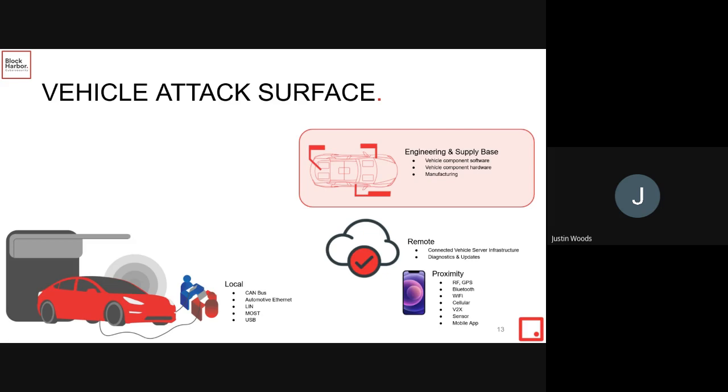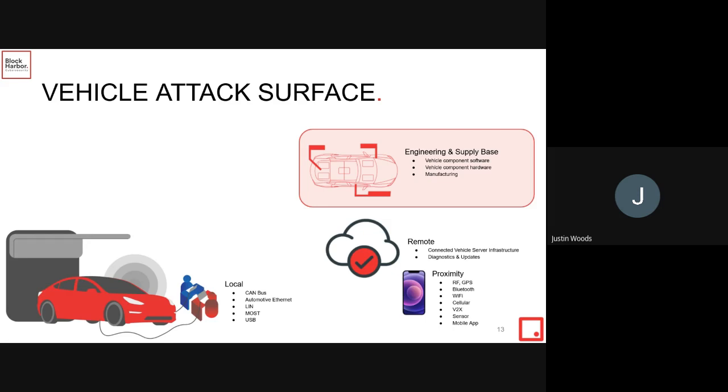And then proximity, we do have one in here that can also be remote, and that's going to be the mobile application. A lot of vehicles now have mobile application access to possibly lock and unlock the vehicle, drive it to you, or do something as simple as remote starting or unlocking it, all from your phone.